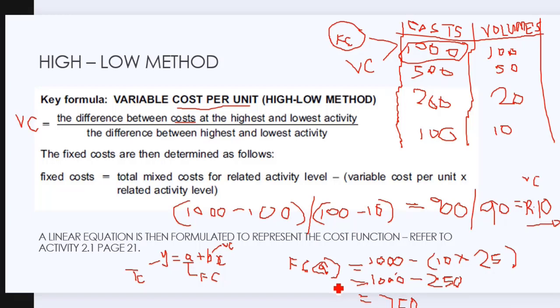So in this instance, what we just did is solve this. We solved semi-variable. So in this instance, our semi-variable that we're working with was 1,000. But we had to determine what's the fixed portion. And you solve it by using this. So you start by saying, let me find my B. My B, I find it via using my high-low method.